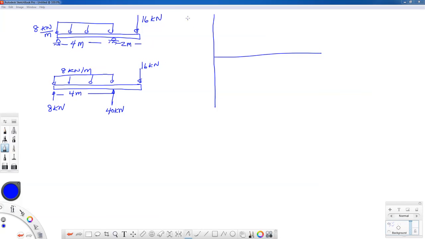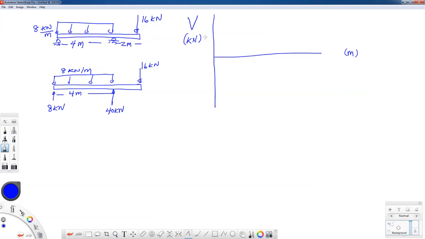Now I'm going to label this V, that's my internal shearing force diagram, and I'm going to put my units on these axes. I think this is so important that these axes get labeled with units that I will look for them on a test.